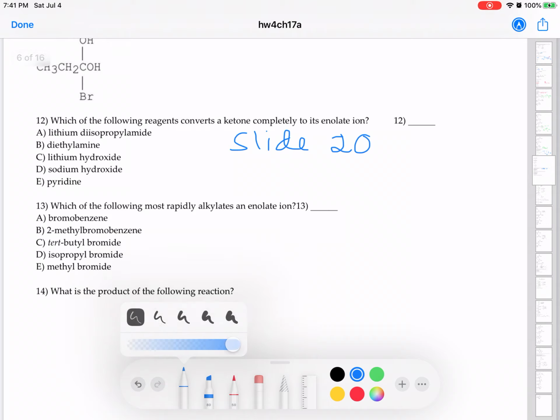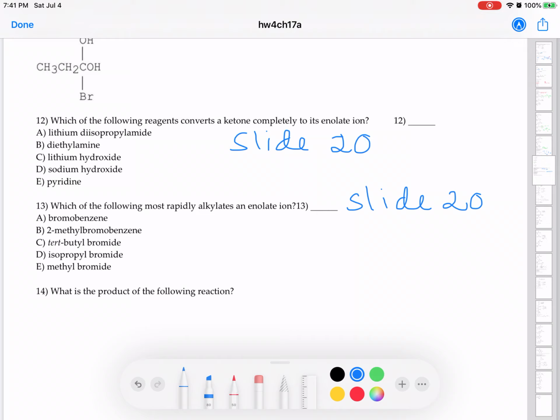Once the enolate ion is formed, it attacks the alkyl halide in an SN2 fashion. Which substrates work well for SN2? Is it the primary halides, secondary or tertiary? It's going to be primary halides.